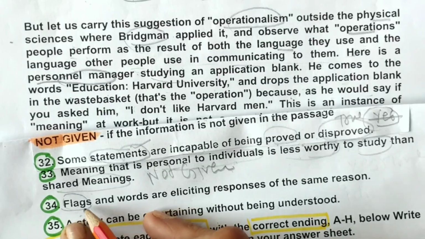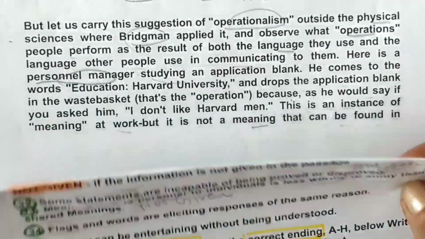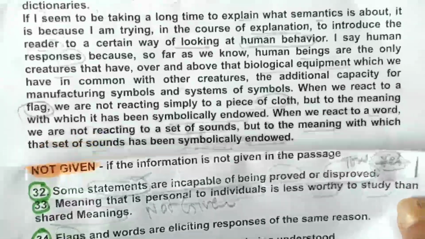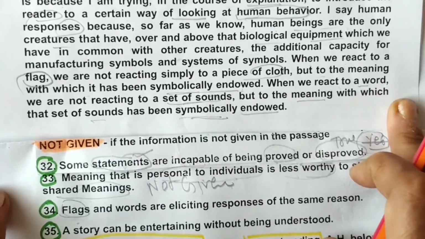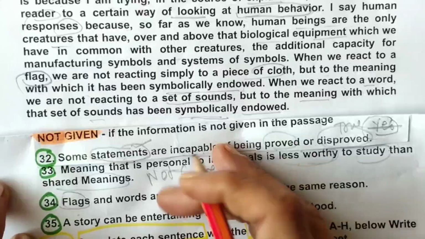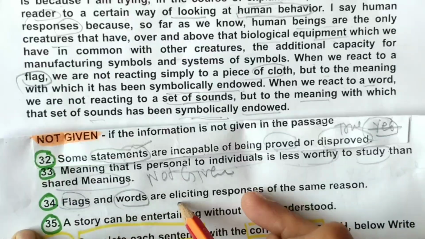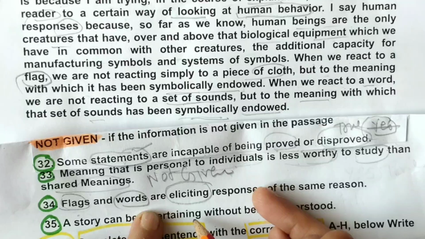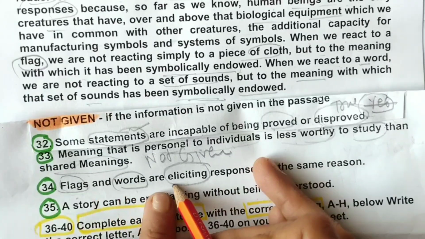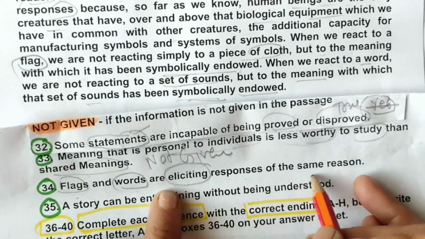We know it, flag words. It is in the next paragraph. Here it is given, flags. See this. Let's read the location. Flags. So we have to look for flags and words. Now, the problem is that we do not know the meaning of this word: eliciting. Flags and words are eliciting responses for the same reason.